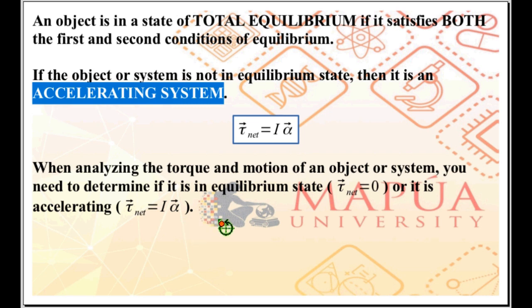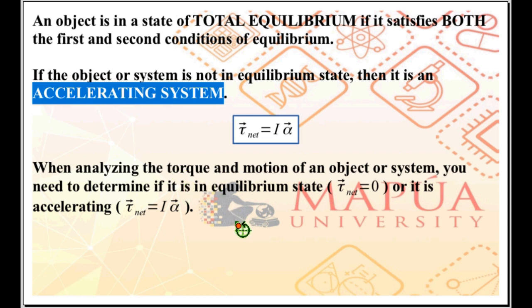Very much like what we did in force analysis. In force analysis, you will recall, we set the net force, F net, to either 0 or ma. For angular motion, for torque and motion, we either set the net torque to 0 or we set it to I alpha. And that's pretty much how we do torque analysis.